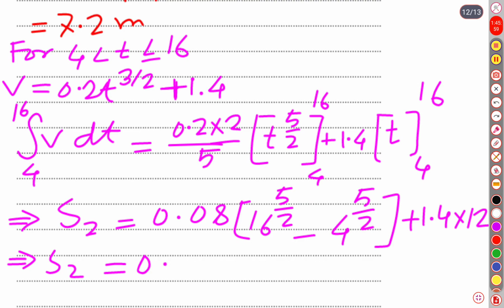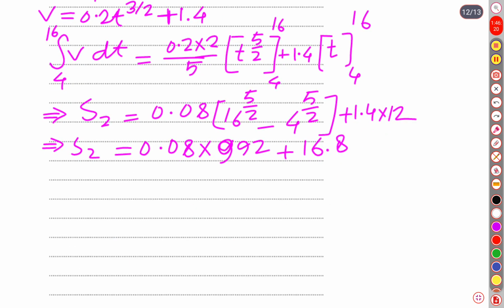So 0.08 into 992 plus 16.8. Then if we do the calculation, S2 for the second phase is going to be 96.16 meters.